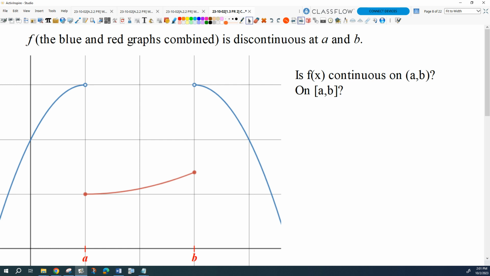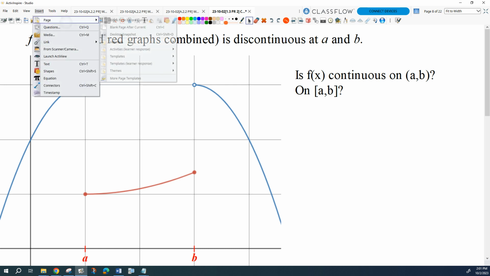Well, mathematically, that just means that if I want to represent an open interval, I'm just going to do it like this. Let's talk about that for a second.